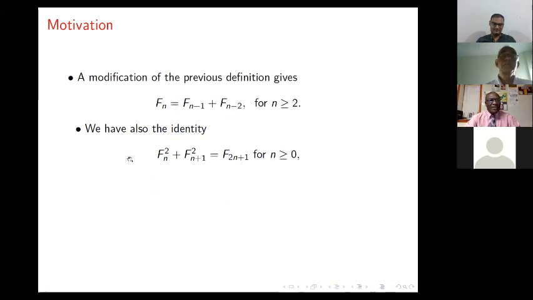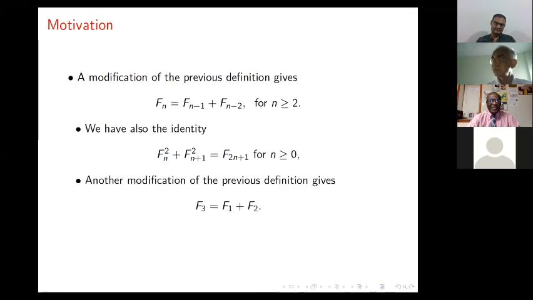The other thing is that we know well this identity. If we take the square of two consecutive Fibonacci numbers, it gives us this Fibonacci number where the index is 2n plus 1.